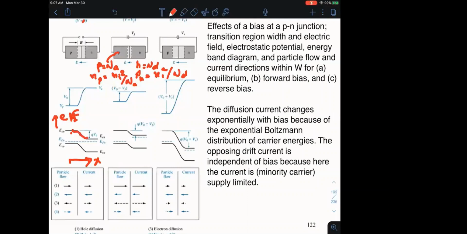And that's what you have, of course, if you have a so-called step junction. Now, step junction means you have uniform doping on the P side, doped at Na, and varying abruptly to another constant doping Nd on the N side. And that's the solution that we worked out before spring break.